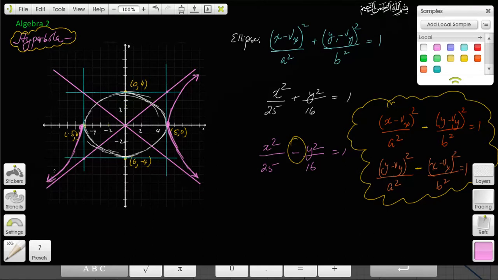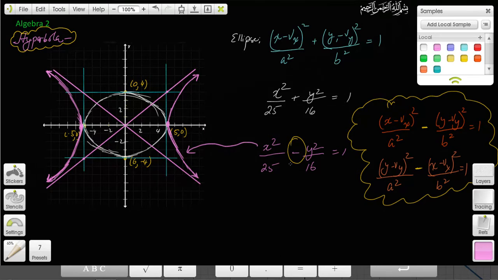Now, we're going to talk about this in detail, but I just wanted to show you the relationship between a hyperbola and an ellipse, how the equations are so similar, and understanding of the one will help you understand the other. Now, this equation that I just did is this equation here.